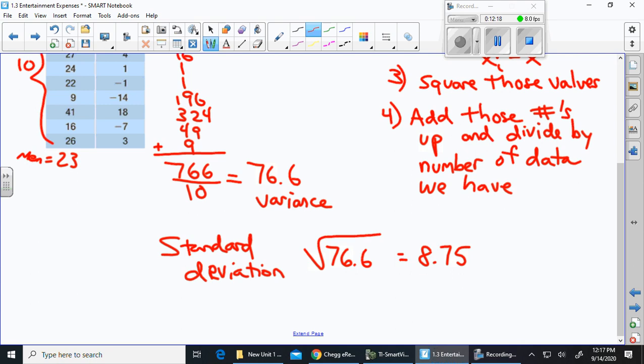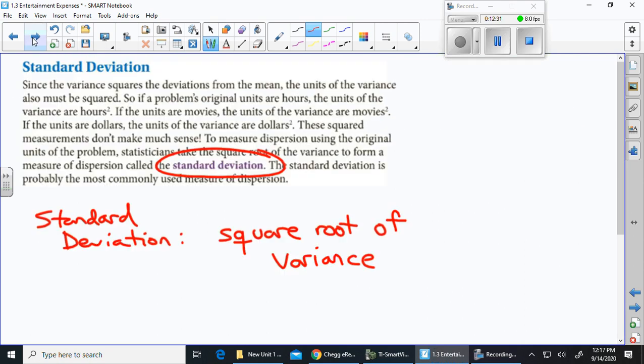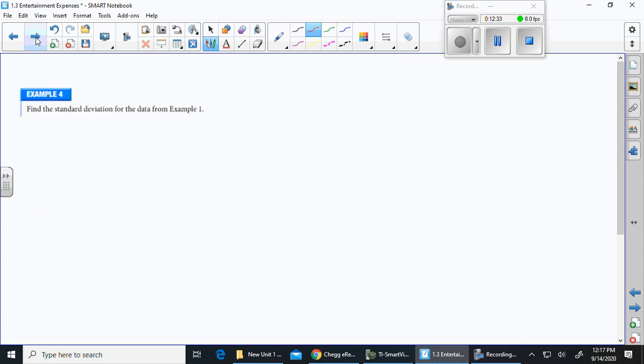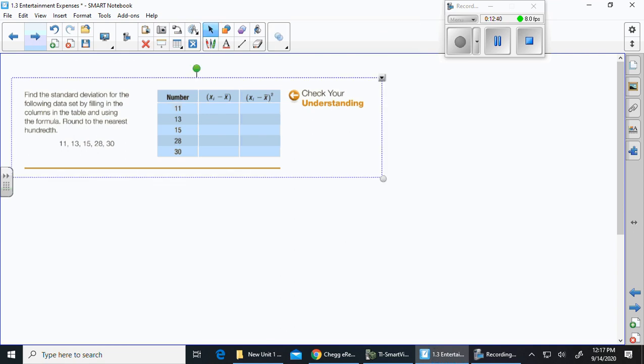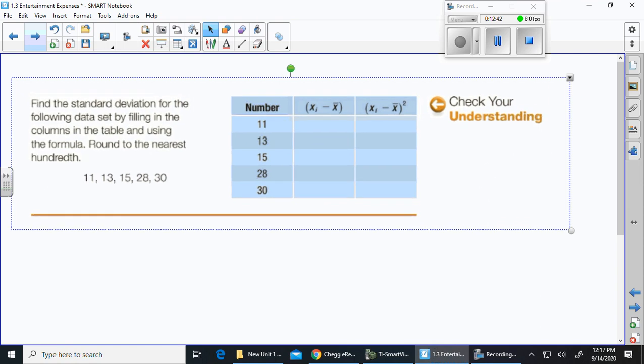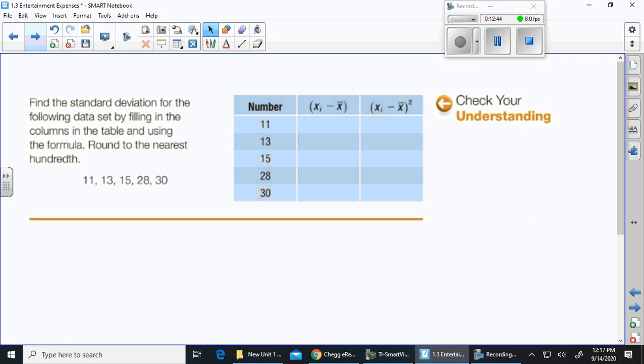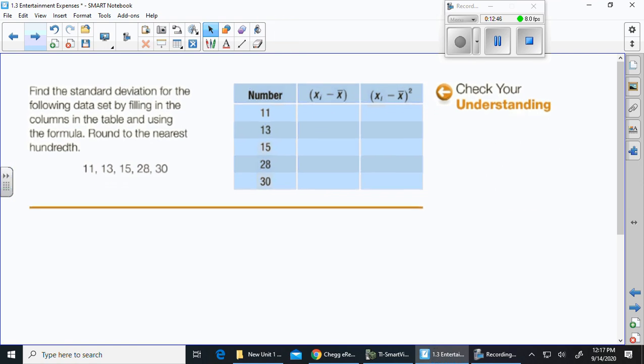Now, with standard deviation, there's a normal curve, so there's more stats that we talk about once we find the standard deviation. So if I went back, just to give you a quick little example of this, I think it should go pretty quick. If I'm asked to find the standard deviation, I have to find the variance first.